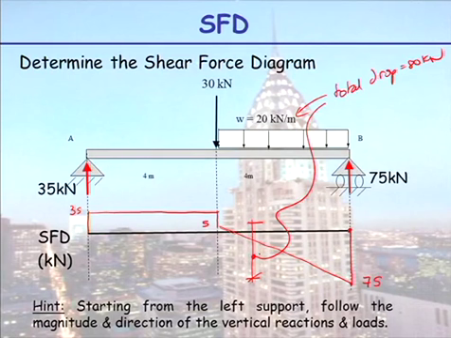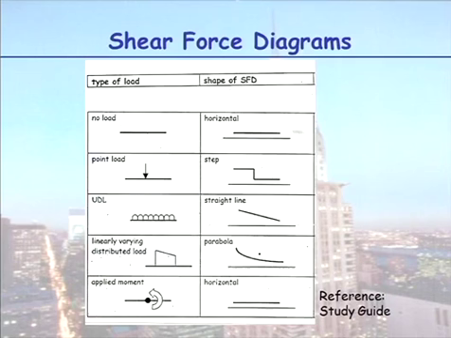Now that, in a nutshell, I can make these things look harder and harder, but that's it. Wherever you see a point load, you will see a step in your shear force diagram. Wherever you see a uniformly distributed load, you see a linear drop.